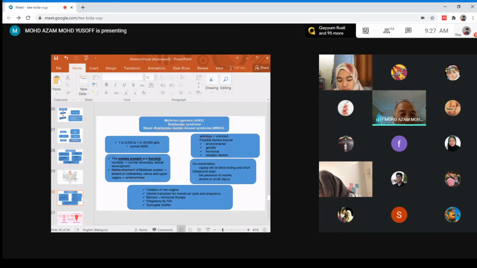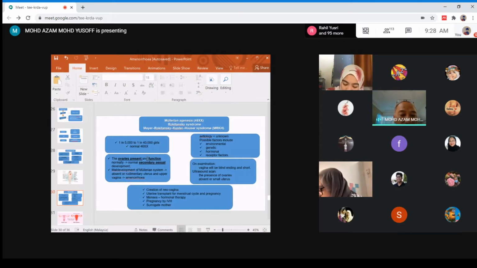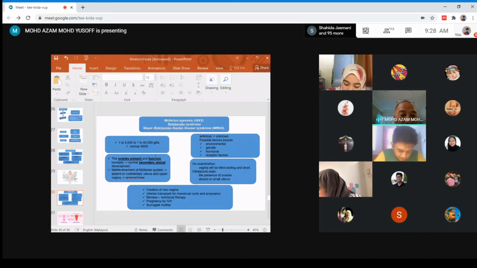Secondary sexual characteristic is normal. Okay, understand? Ovaries present, functioning, and normal secondary sexual characteristics.